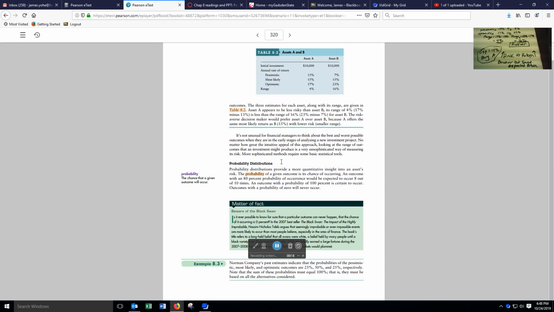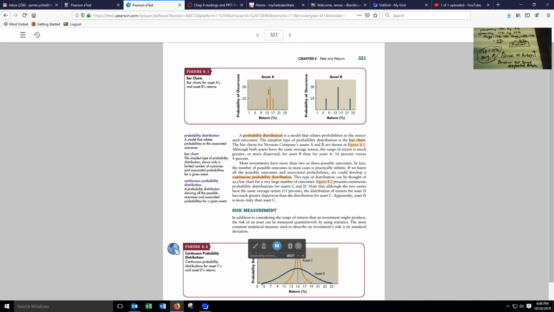So when we talk about the standard deviation, we need to look at what we did with the scenario analysis. And now, instead of just assessing a probability for a particular event, you can see here we've got a discrete probability distribution that gives us probabilities that each one of these particular events will occur.